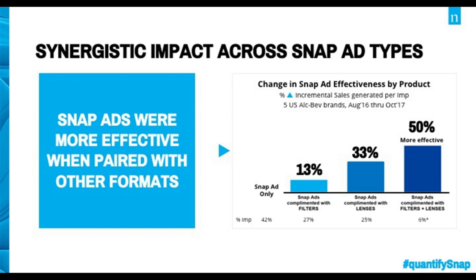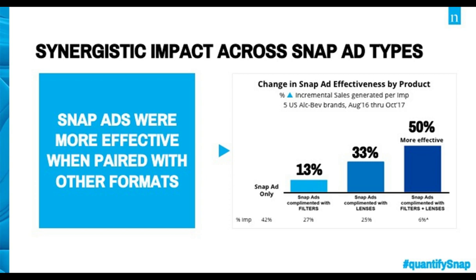Next, because the Snap platform is all about engaging with your consumers, we looked at whether there was a different combination of ad types that improved performance. If you did a Snap ad by itself and combined it with other ad types, did it improve performance?